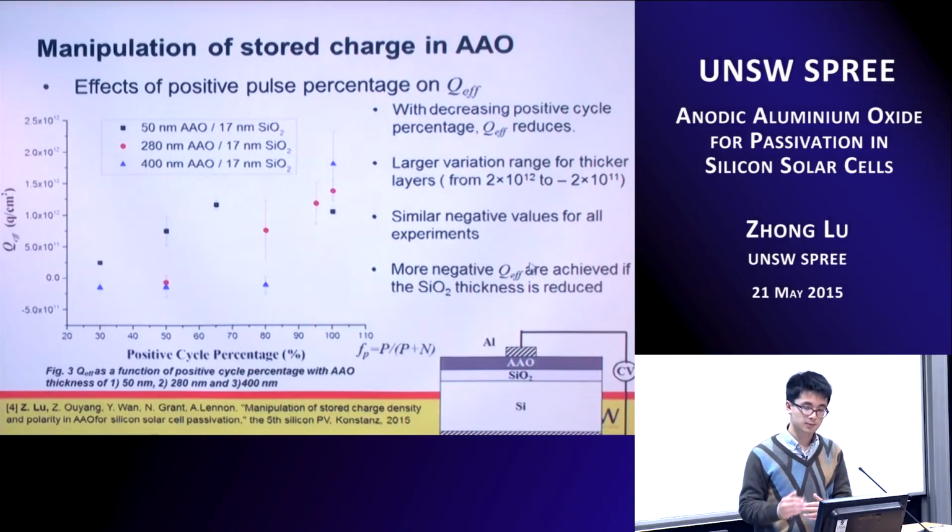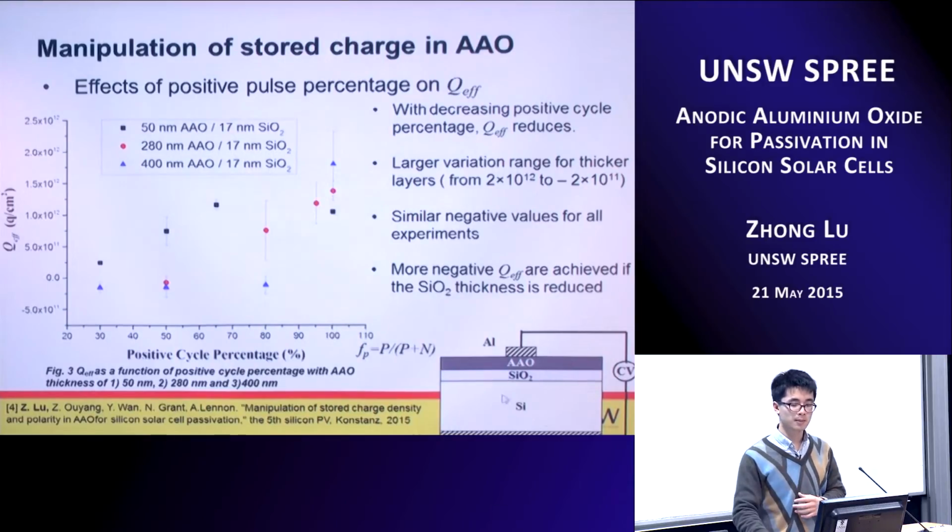And in my other experiment, I find that if you reduce the thickness of this interlayer, you would have a stronger impact. You can have a more negative stored charge that you can achieve. And the reason is that you can imagine that if you have a very thick silicon dioxide layer, whatever is happening in this AO will have a very limited impact on the band bending of the silicon.